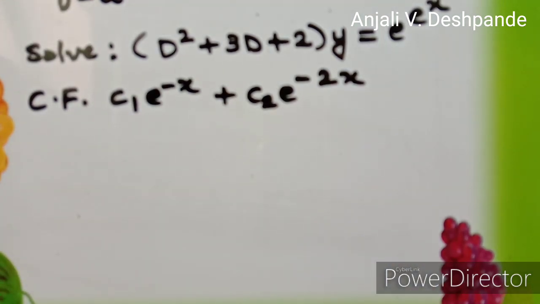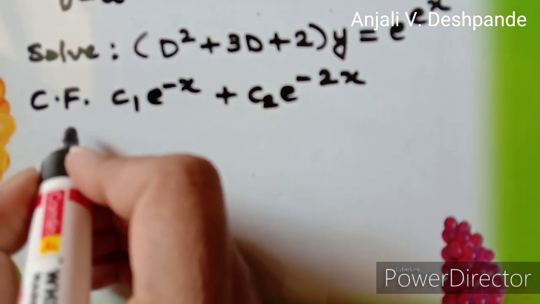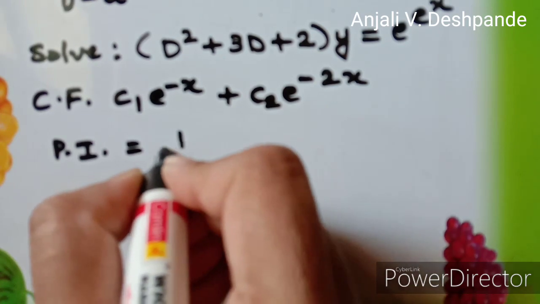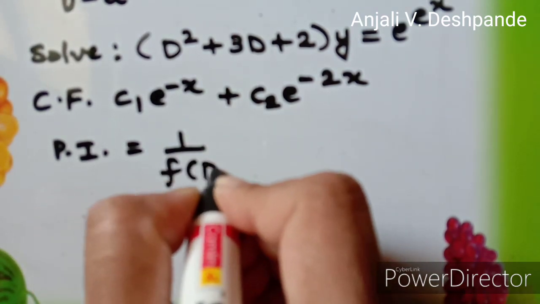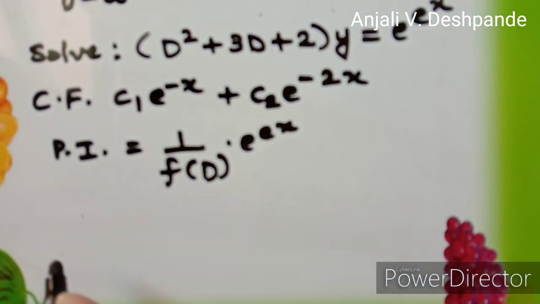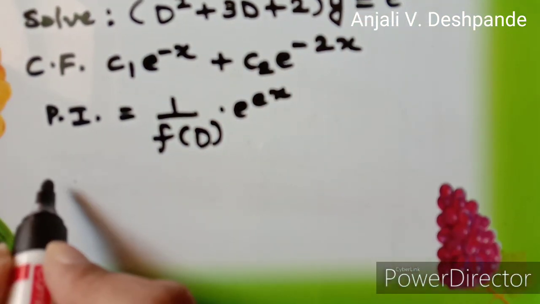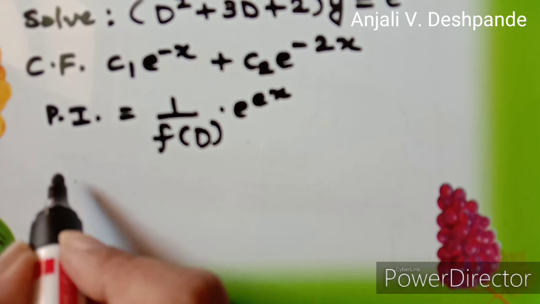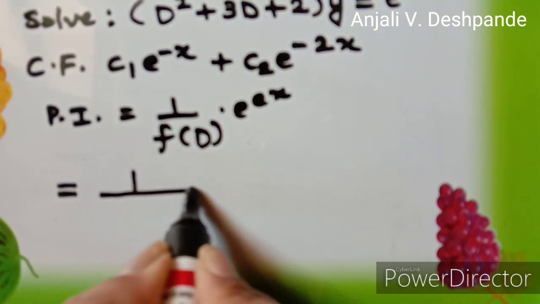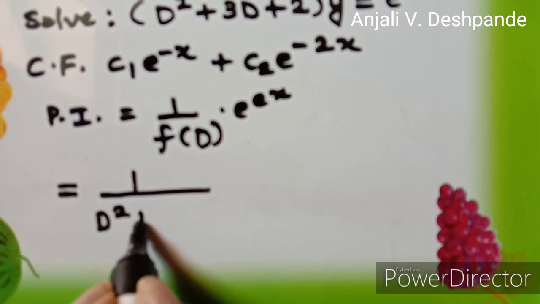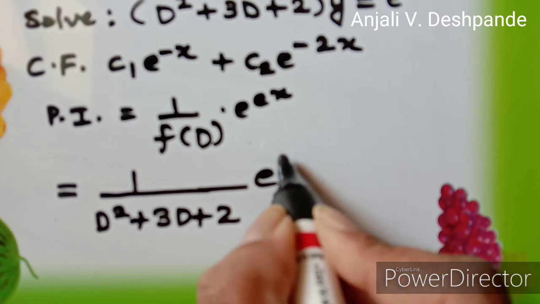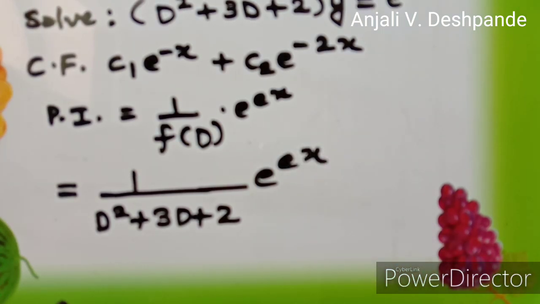Now we are going to start with the process of finding out the PI. So PI is equal to 1 upon f(D) e raised to x, that is the function. Now we have to split f(D) in the form of partial fractions. So first I will write like this: 1 upon D square plus 3D plus 2 e raised to x.